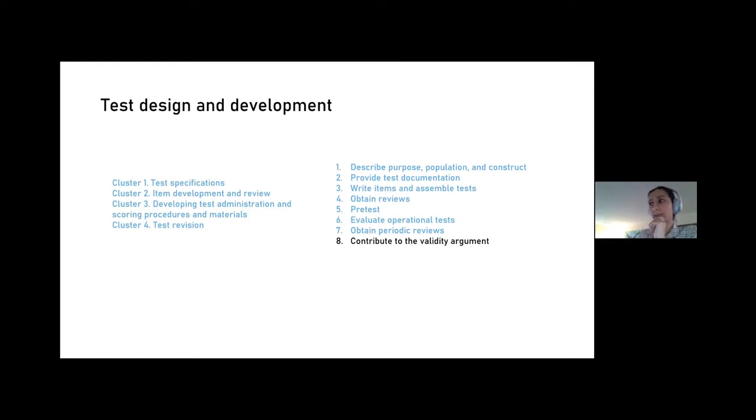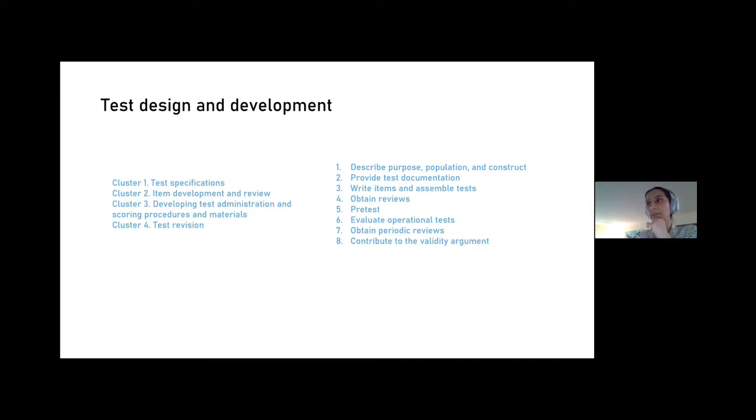They should revise materials, and this should be driven by the reviews by the experts. And they should also notify test takers and test users about any changes that are affecting them based on these reviews.